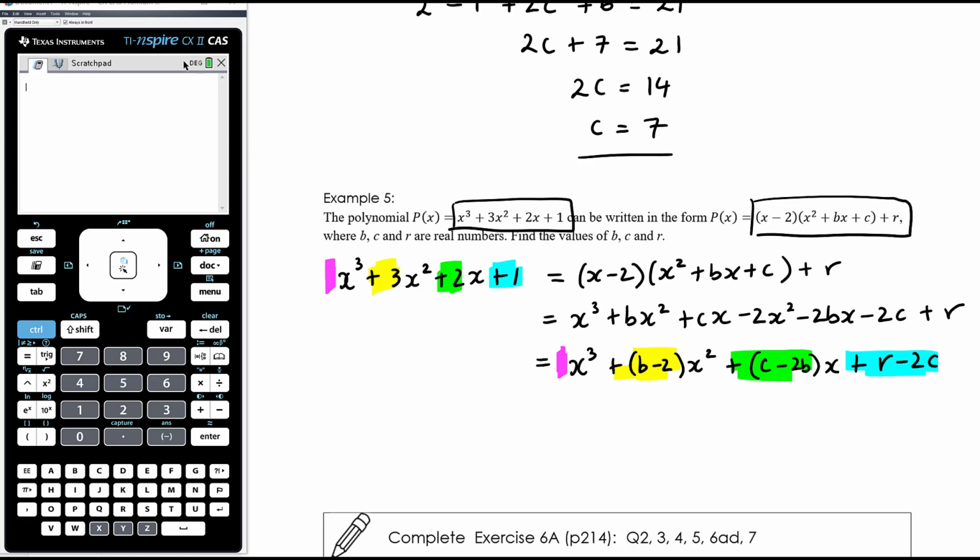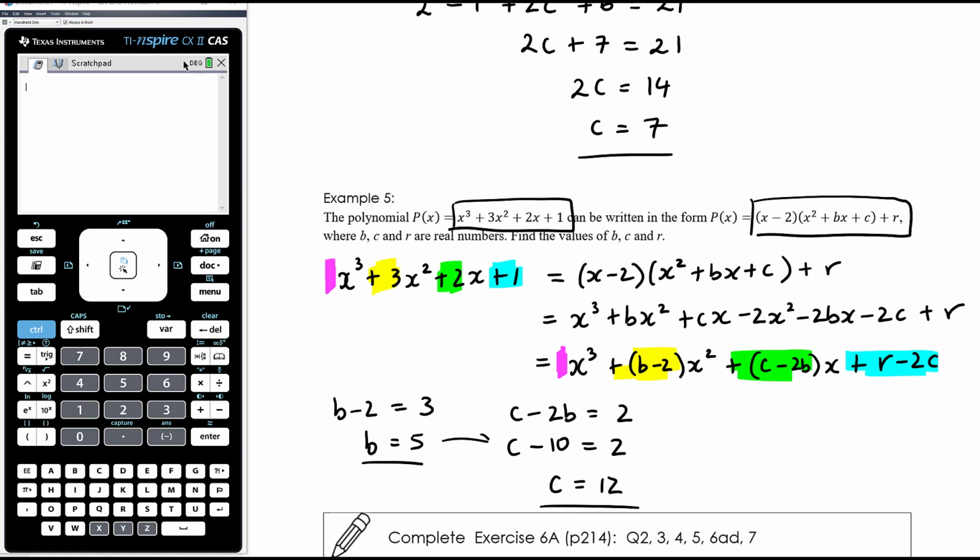Okay, so obviously we learn nothing from equating the coefficients of x cubed. If we equate the coefficients of x squared, we learn that b minus 2 has to be equal to 3, and so therefore b has to be equal to 5. If we then equate the coefficients of x, we learn that c minus 2b has to equal 2, and we know what b is now, so c minus 10 has to equal 2, and so c has to equal 12. Okay, so we just subbed b in there.